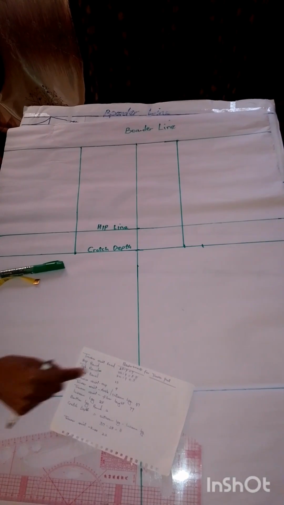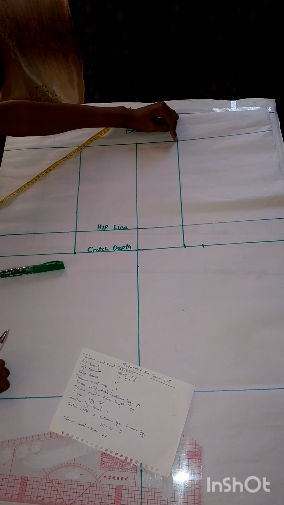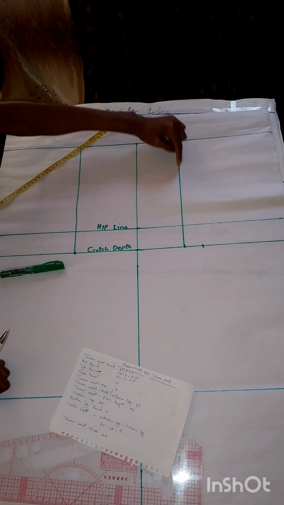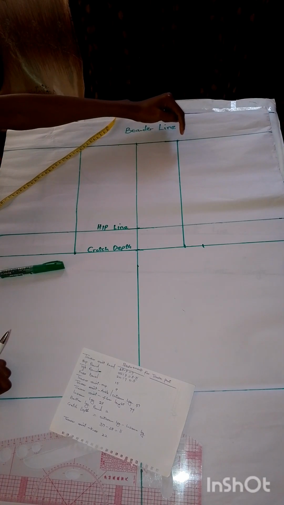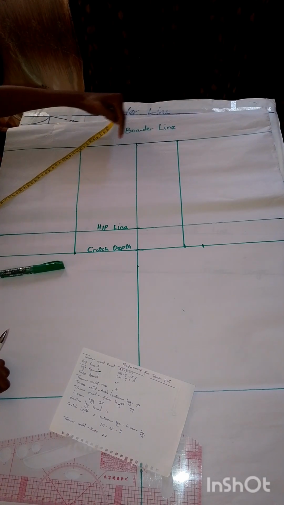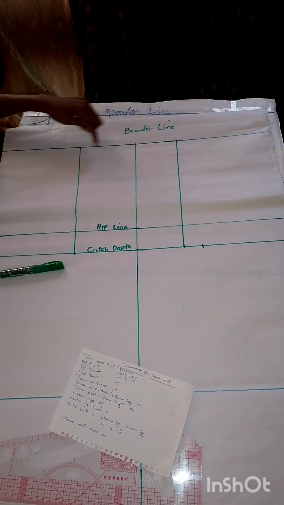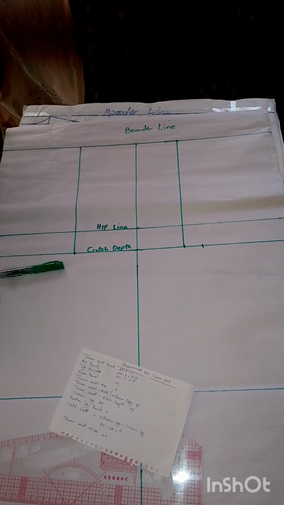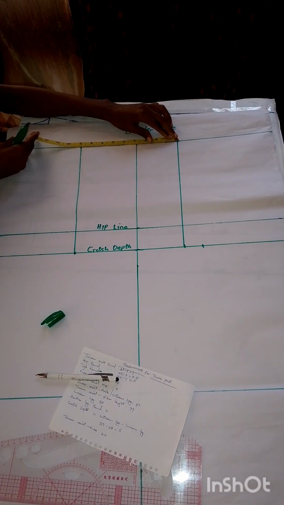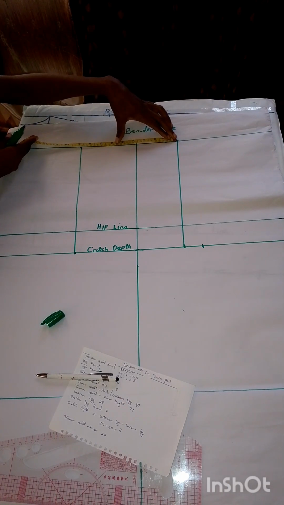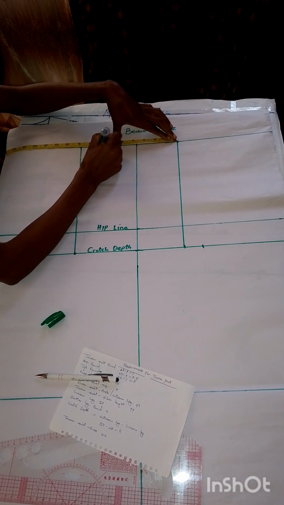Okay, so now this 7 inches, I'm going to be measuring from this line, on this border line, on this straight line. I'm going to be measuring that 7 inches backward. So the measurement is going to be from here backward. Like so. So I'm going to be taking the measurement like so, 7 inches.